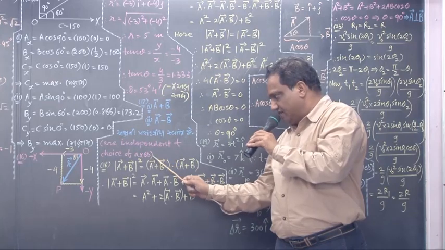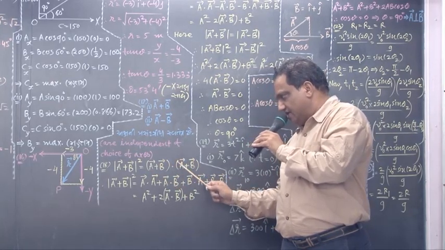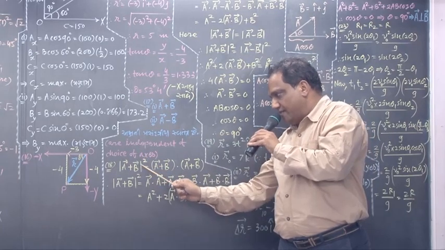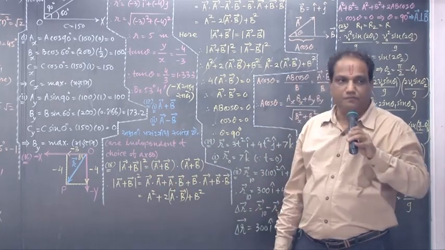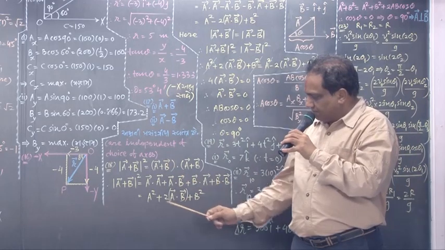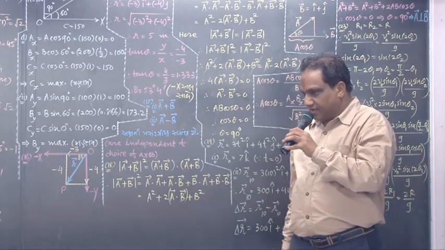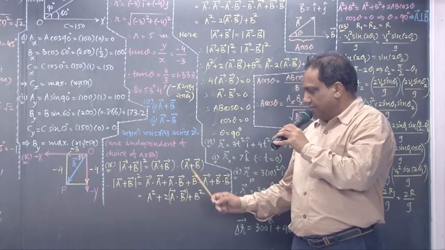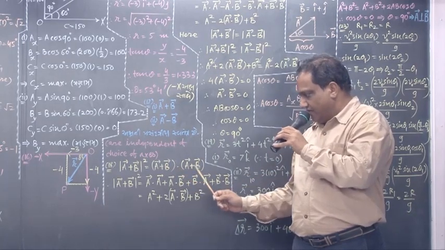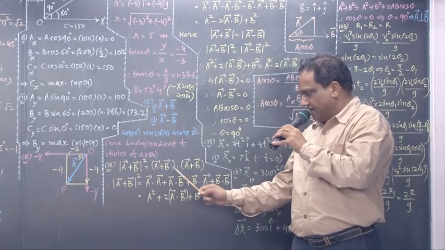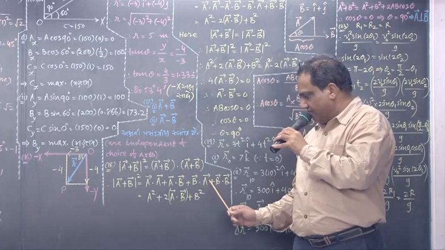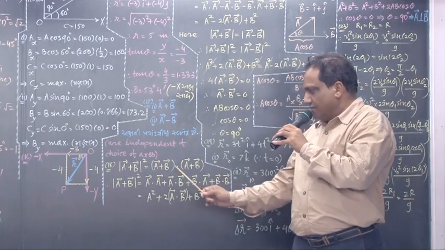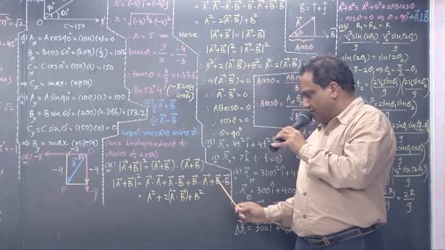Dot product of this vector taken with itself will give me square of its magnitude. Now apply distributive law. Vector A dot vector A plus vector A dot vector B plus vector B dot vector A plus vector B dot vector B.